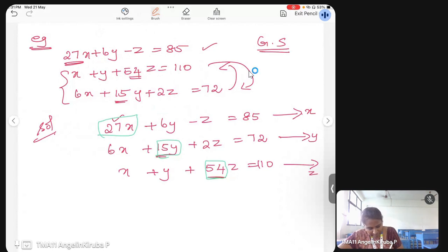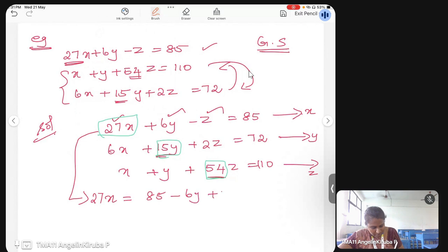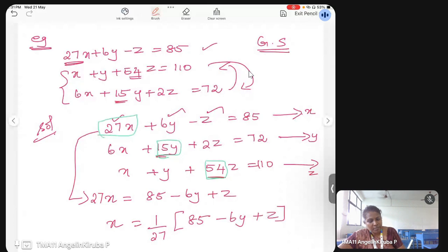So 27x is equal to, taking the other two terms to the other side, 85 - 6y + z. So x is equal to 1/27 (85 - 6y + z). That is the equation for x.